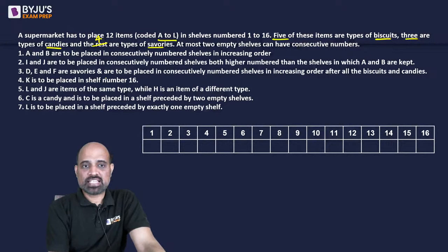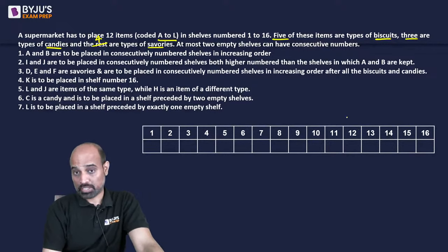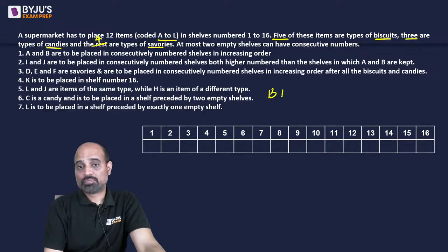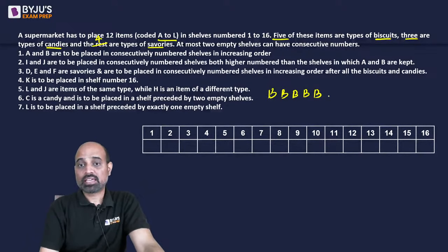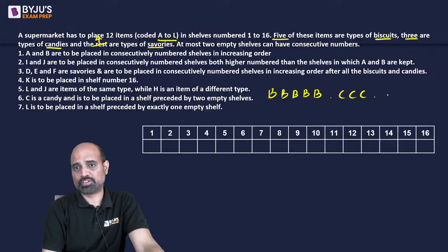D, E, F are savories and are to be placed in consecutively numbered shelves in increasing order after all the biscuits and candies. So right now we know that we are supposed to put 5 biscuits, then there is going to be some empty space, maybe 1, maybe 2. Then we are going to place candies, 3 of them, and then we are going to place savories, 4 of them.